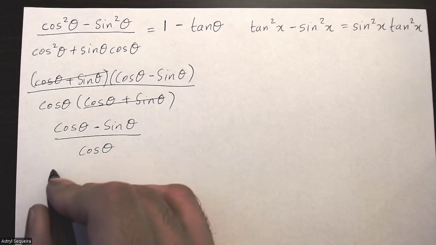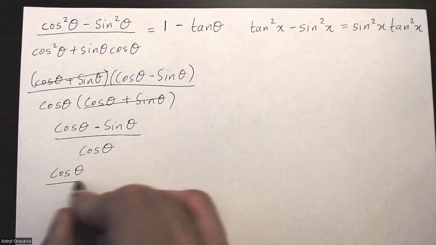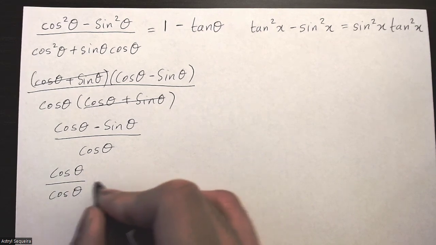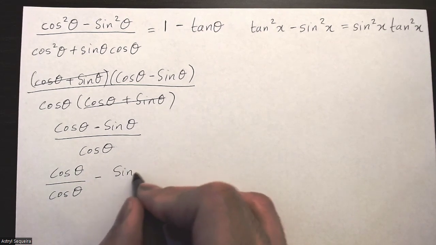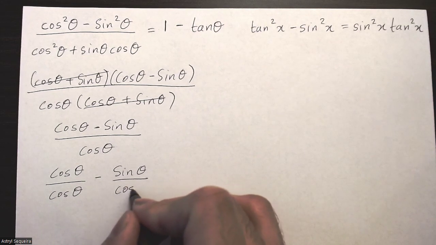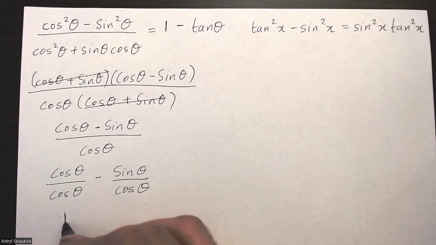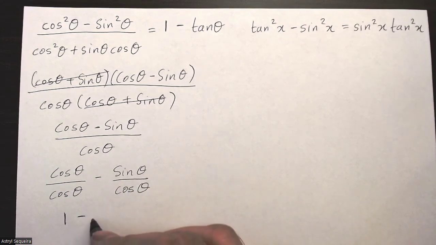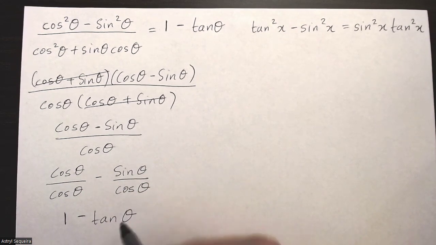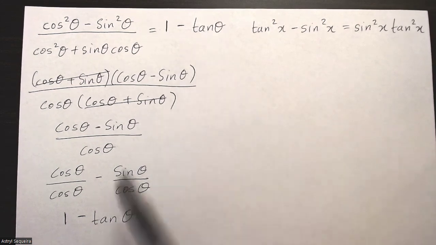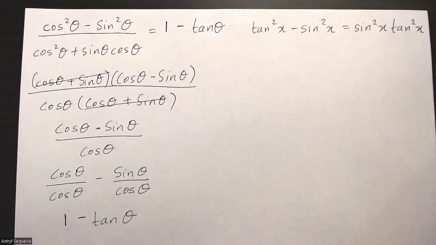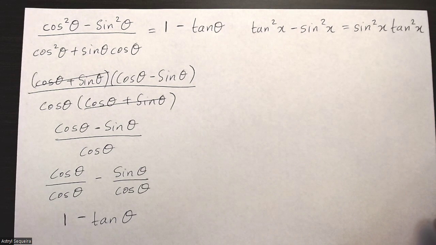So I'm just going to do the opposite of common denominator, which is splitting the denominator for each term. And then cos theta divided by cos theta is just 1, and sine divided by cos is just tan theta, and now we've got the exact same thing as the other side, so we've proved this trig identity.